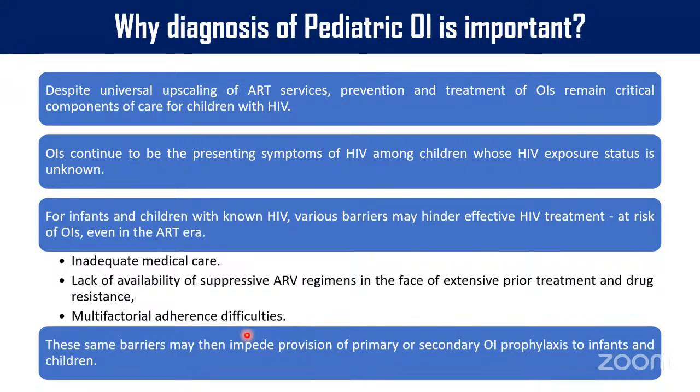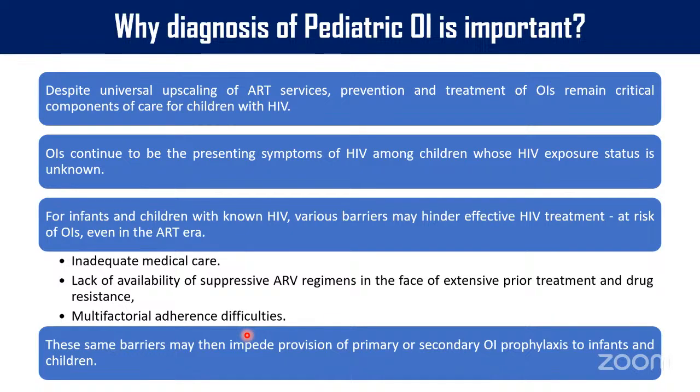Since we are using ARV drugs very extensively, there will be issues of drug resistance. All these things can lead to non-suppression of HIV, leading on to immune dysregulation and then opportunistic infection. And the most important factor for the success of ART regimens is adherence.